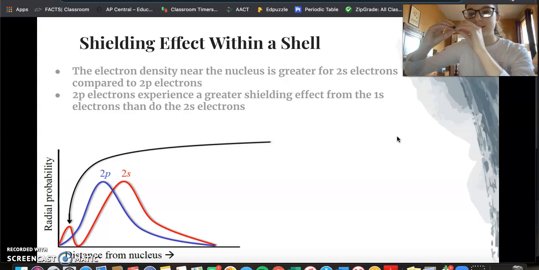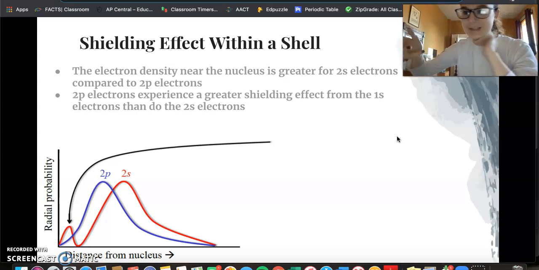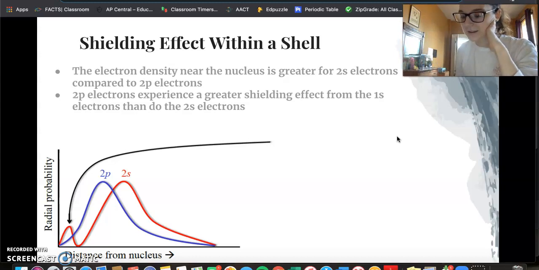And if you consider the nucleus in the middle, the probability of an electron being closer to the nucleus in 2p is actually less because of its shape versus 2s. Okay, so s has a sphere, a lot of chances that you could be in the nucleus. p is a peanut shape, tight center, not much chance that you're really close to the nucleus.